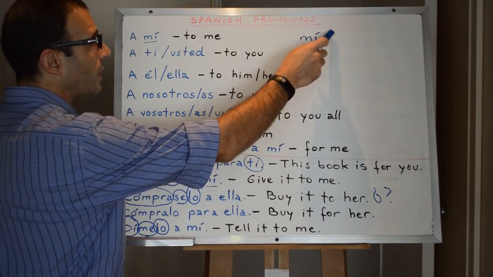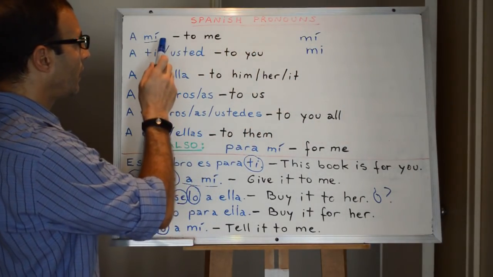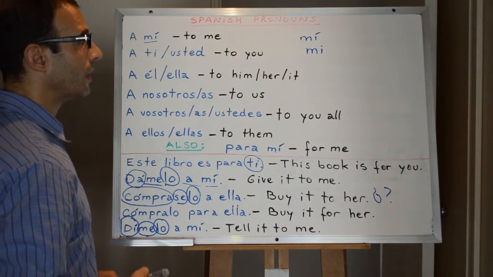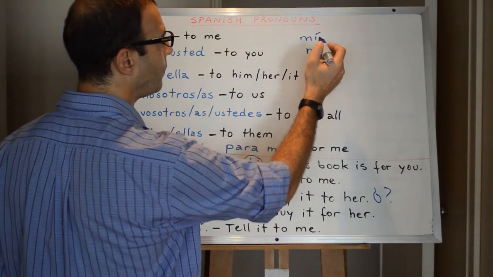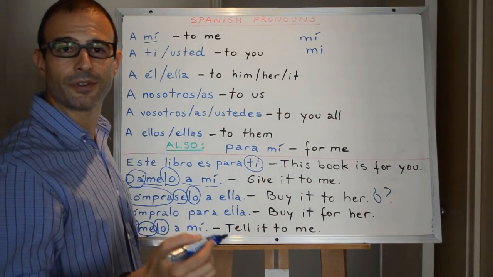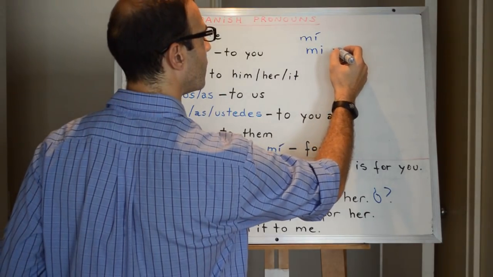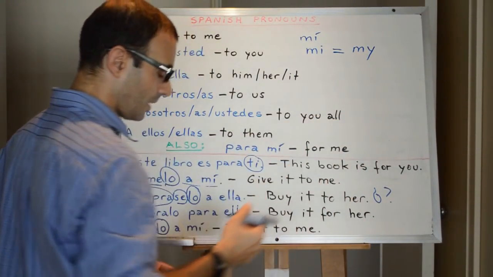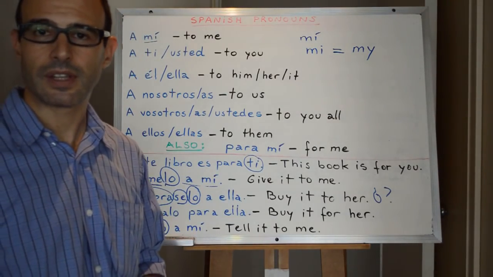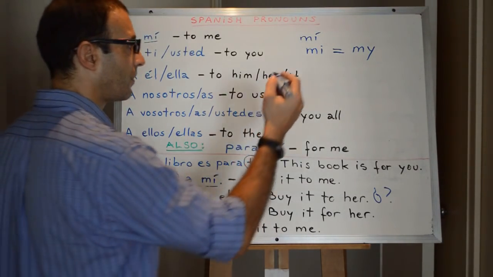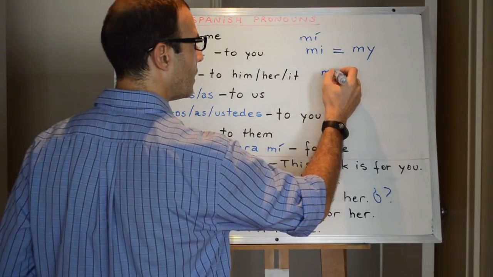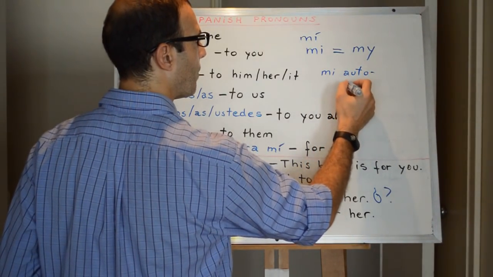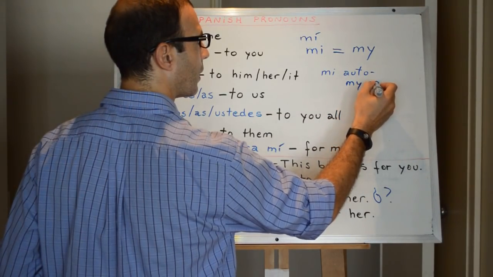So, mí with the accent is the me that we are learning here, while mi without the accent is a different word. It means my, okay? It's a possessive that means my. For example, mi auto, for my car.